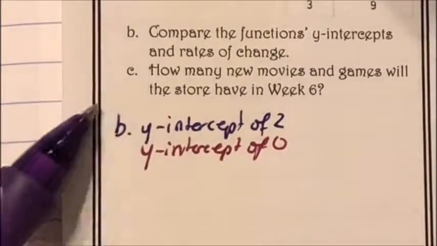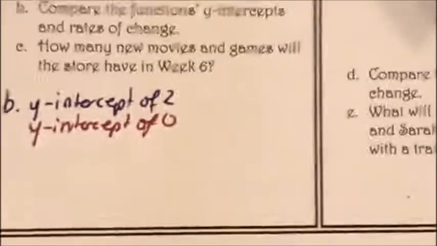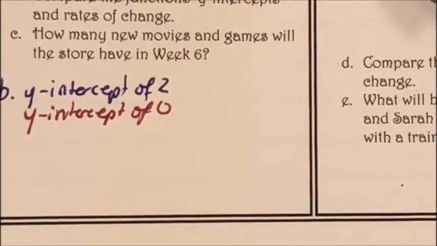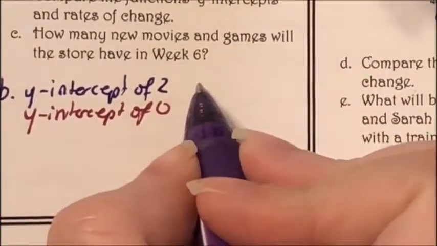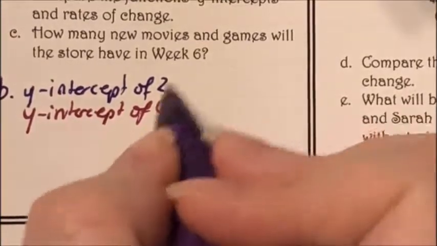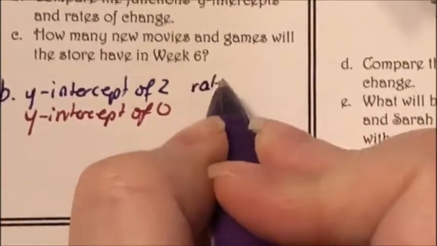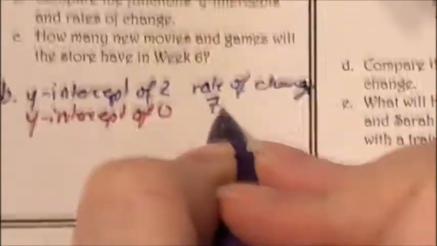So the purple is going to be my movies and the pink is going to be my games. So my rate of change: the store receives 7 movies, so the rate of change is 7.